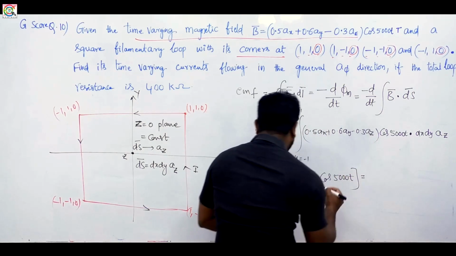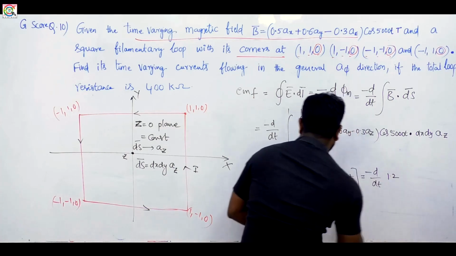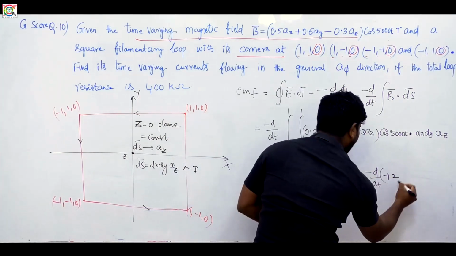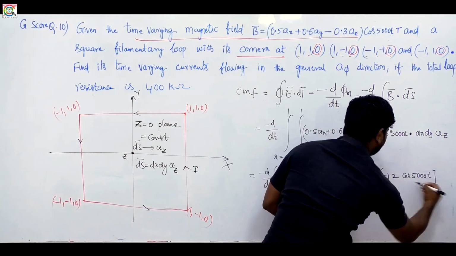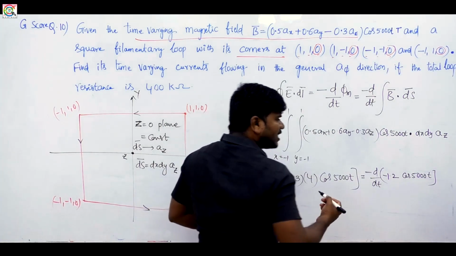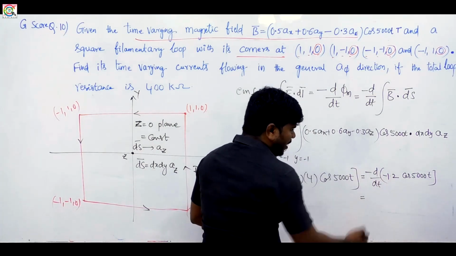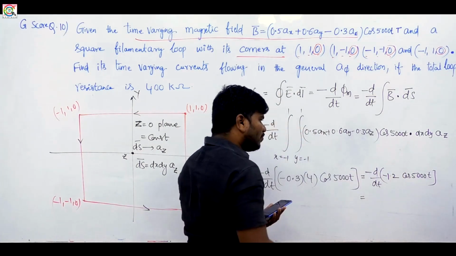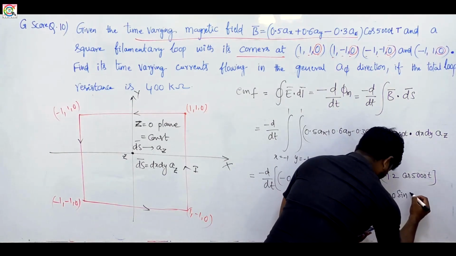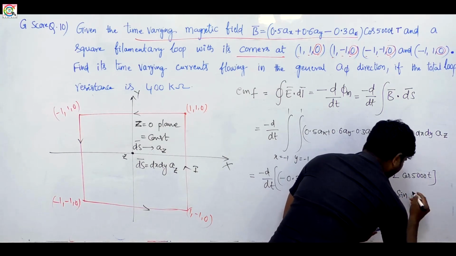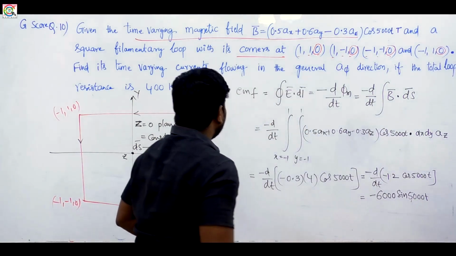So you will get minus d by dt of minus 1.2 cos 5000t. Now differentiation of cos will give a minus sign, so the minus will get cancelled and again you will get one more minus. So here you will get minus 6000 sin 5000t. So this is the EMF induced.